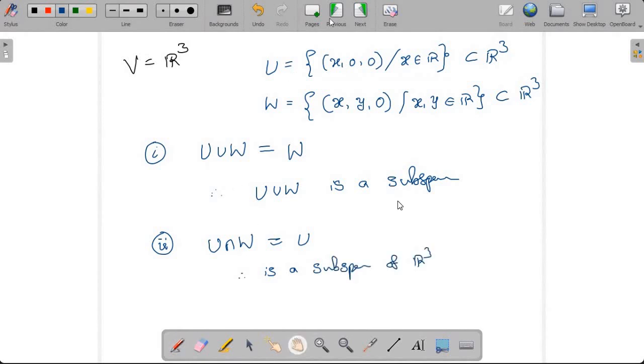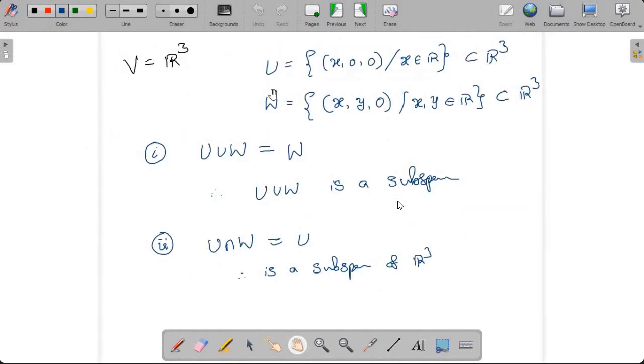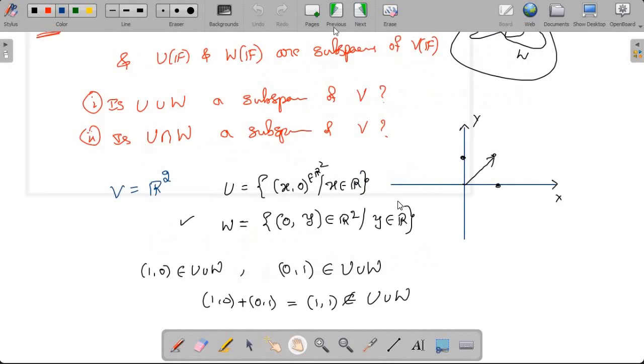Okay. So in the earlier example, you are taking two subspaces, their intersection is only 0 vector. But here, in this example, we started with two subspaces such that one is contained in another. Okay, so for this case, union is a subspace. But for the earlier case, union is not a subspace.